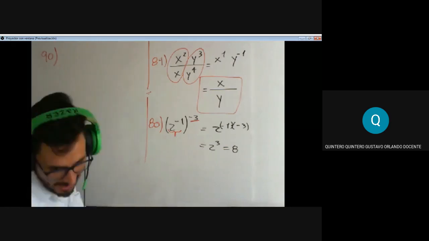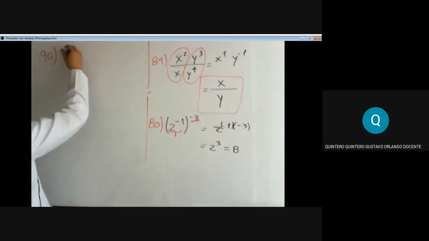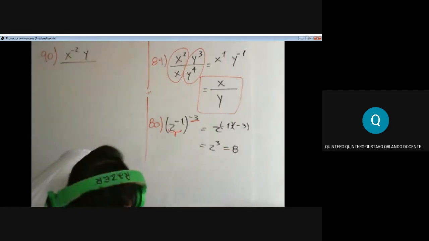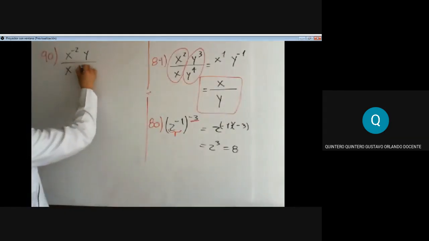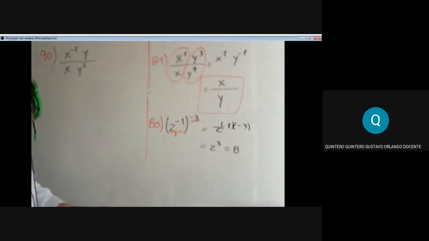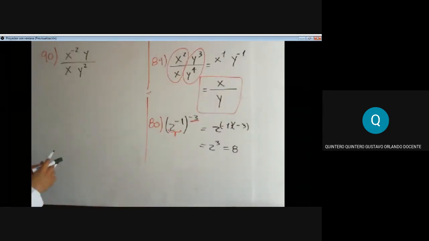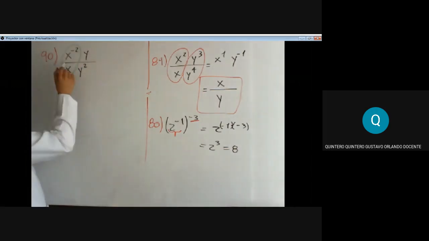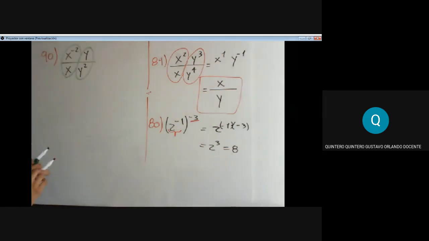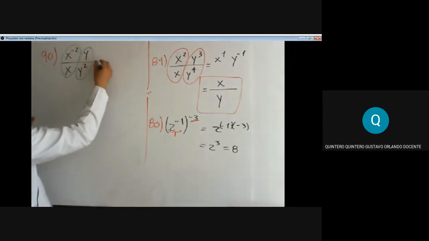Okay, the question in 90 says x to the negative 2 times y over x times y to the second power, like this. All right, so how do we do this? Exactly like we did the other exercises. These couple of x's can be simplified, right? And this couple of y's can be simplified. What I mean by that is do the division.